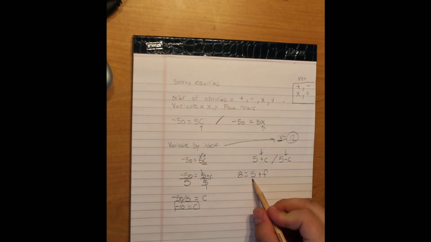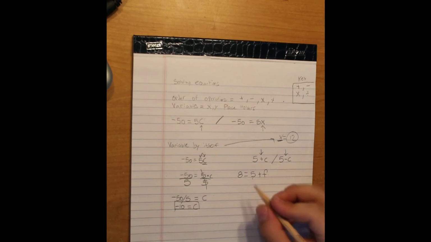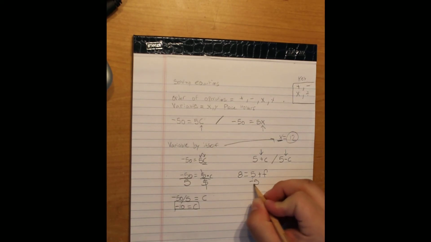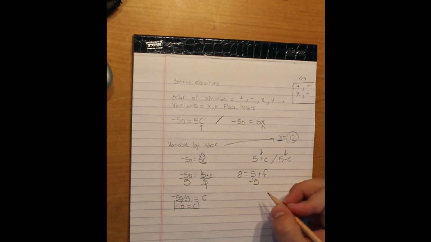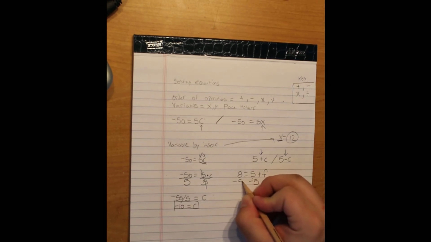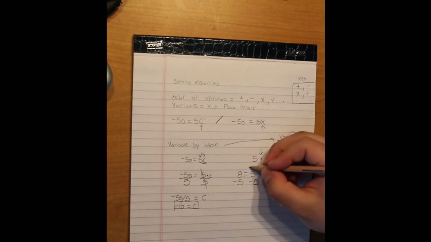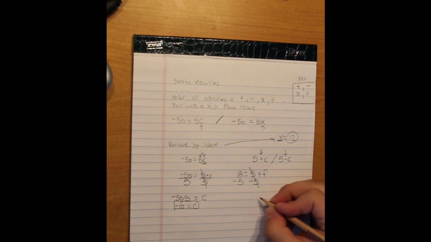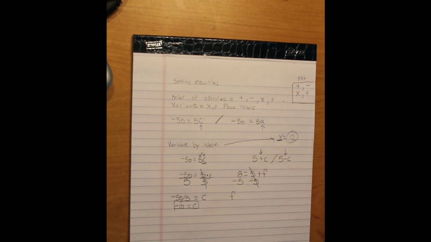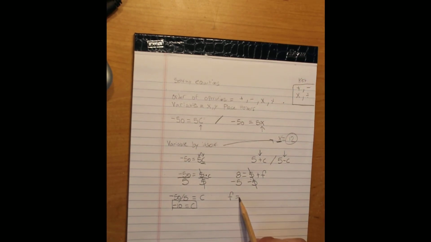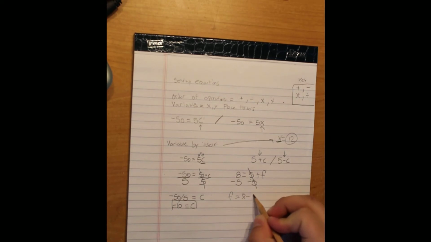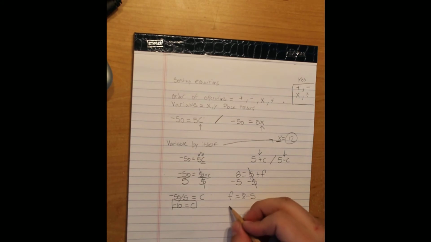The opposite of addition is subtraction. So this positive 5 becomes a negative 5. Or we can say we're subtracting it from both sides. 5 minus 5 is 0, so that cancels out. So we are left with an f now equals 8 minus 5. If we know it in our head, we can do it, or we can use a calculator. So f equals 3.